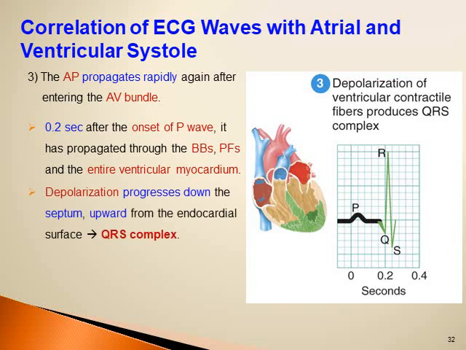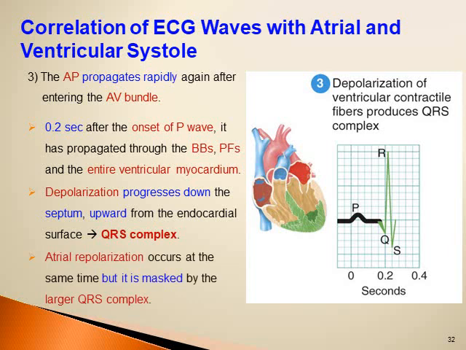Depolarization progresses down the interventricular septum and upward from the endocardial surface, and this propagation of the action potential in the ventricular tissue gives me the QRS complex. Atrial repolarization occurs at the same time, but it is masked. Why?